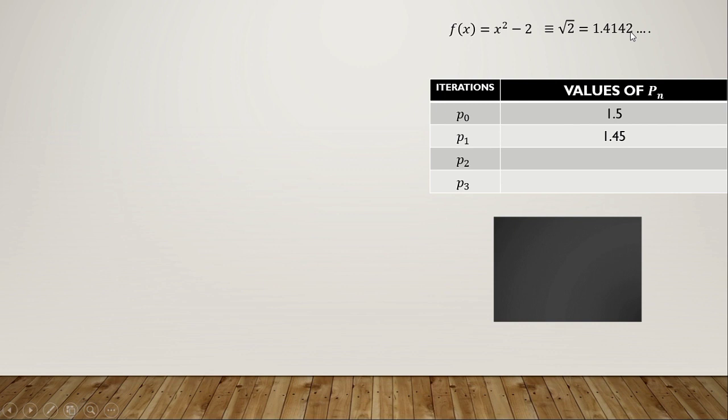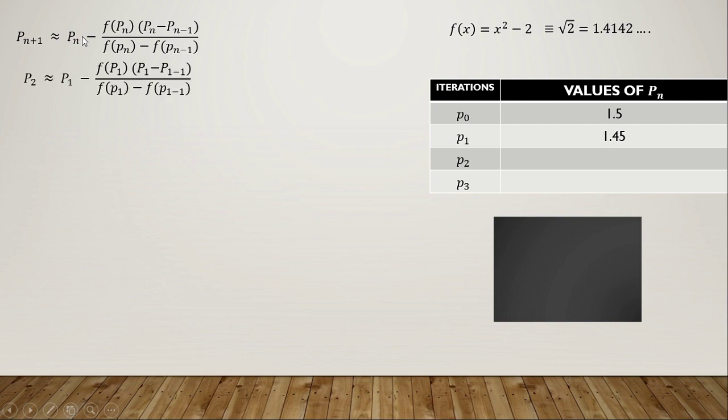Stay with me now. Using the equation there, we plug in our values. So P2 approximates P1 minus f of P1 multiplied by P1 minus P0, over f of P1 minus f of P0.